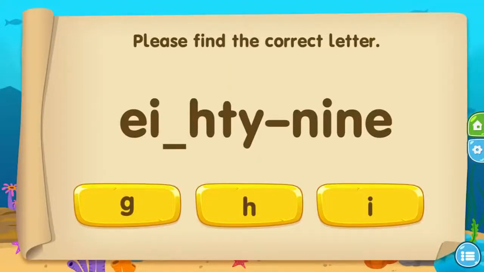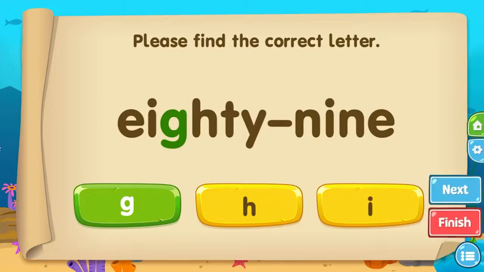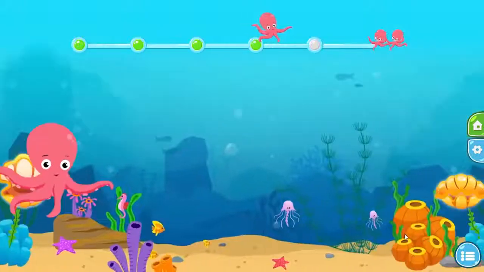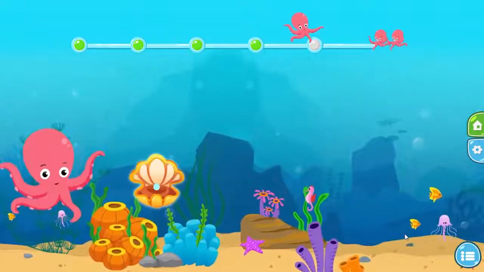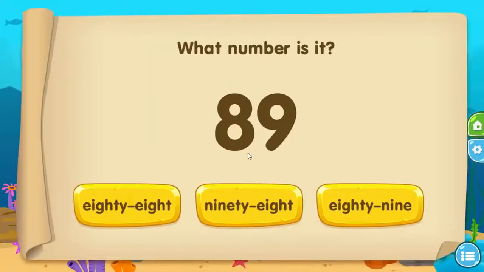Please find the correct letter. Try again. Great! 89. What number is it?